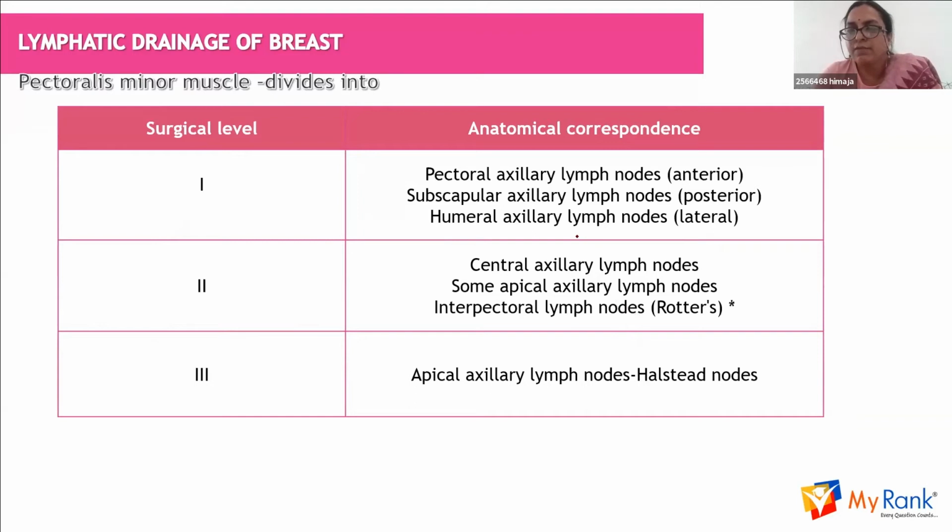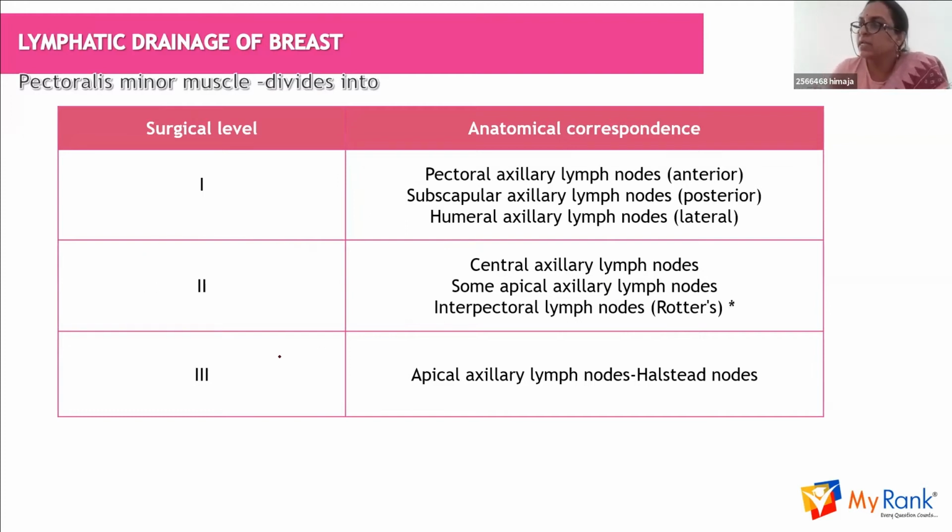So the lymph nodes below pectoralis minor are the level 1 group. The lymph nodes lying between pectoralis major and pectoralis minor muscles are the interpectoral lymph nodes. These are Rotter's nodes. These fall into level 2.